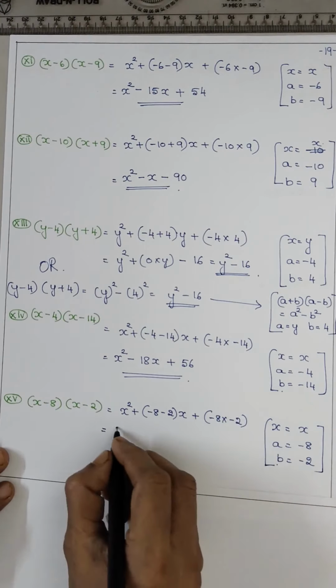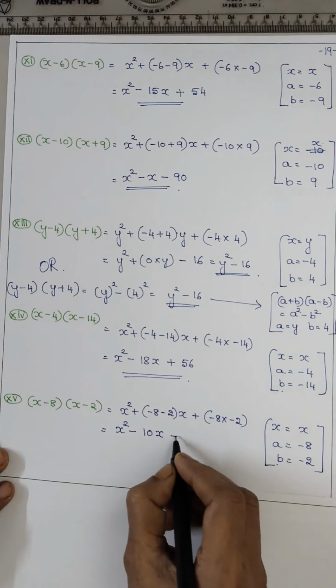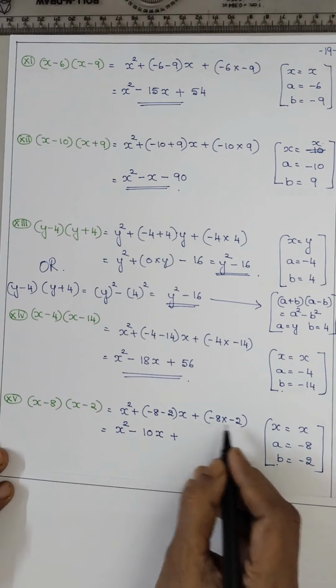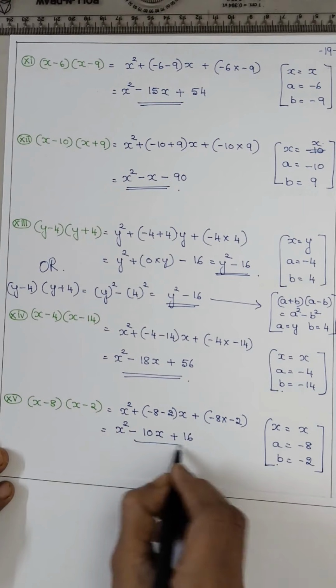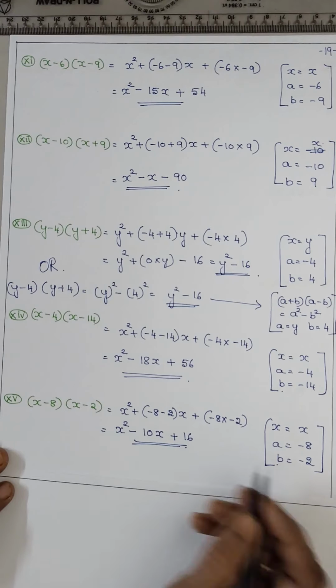That is x squared, same sign, so add, but the sign is minus. 8 plus 2 is 10x. Signs are same, so multiplication will have plus. 8 twos are 16. Answer is x squared minus 10x plus 16.